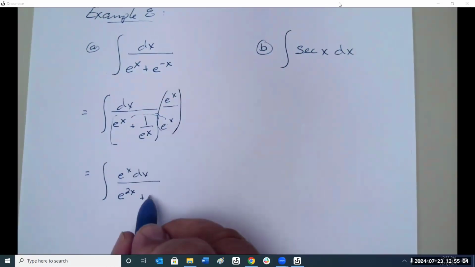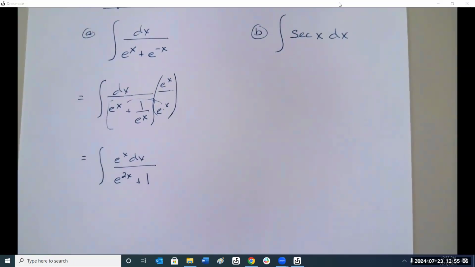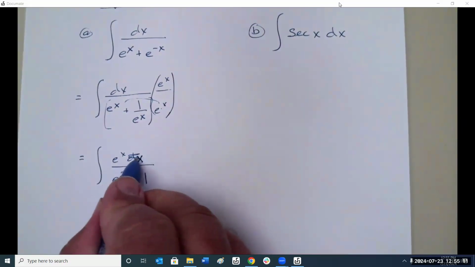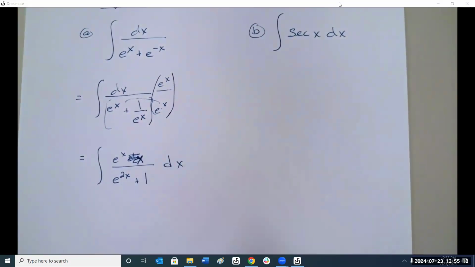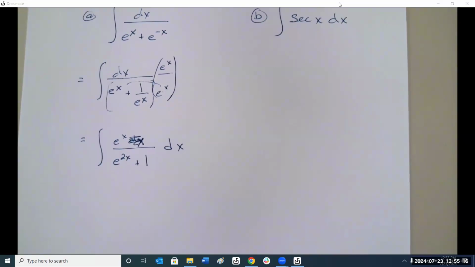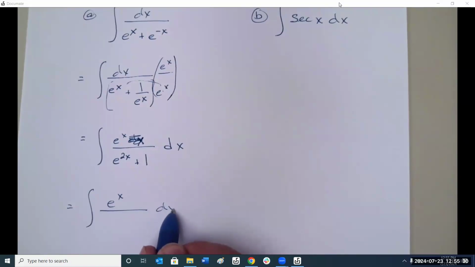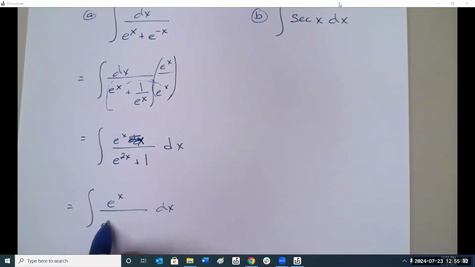E to the x divided by e to the x is 1. So I can move the dx back here. Algebraically, what this gives us is e to the x squared plus 1 squared.